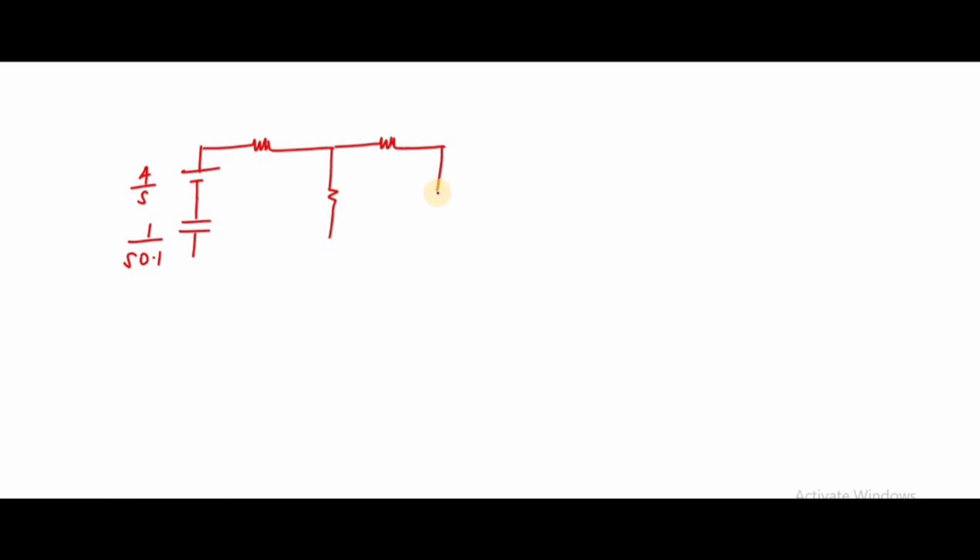The capacitance is written as 1 divided by sC. C value is 0.1, so it is 1 divided by 0.1 into s. Likewise, the current source 5 should be written as 5 by s. The resistance values remain the same: 4 ohm, 2 ohm.